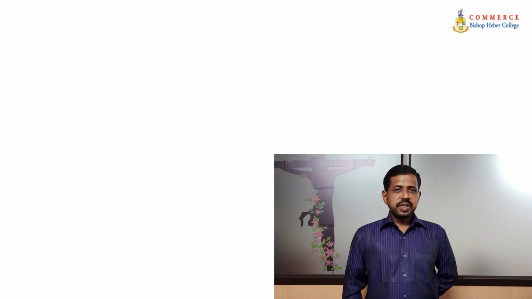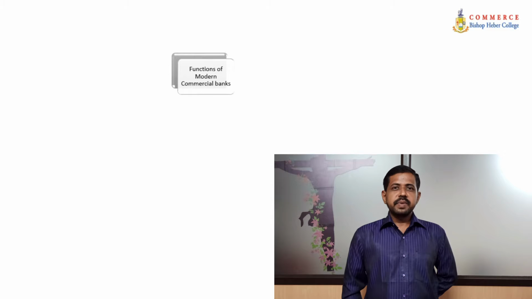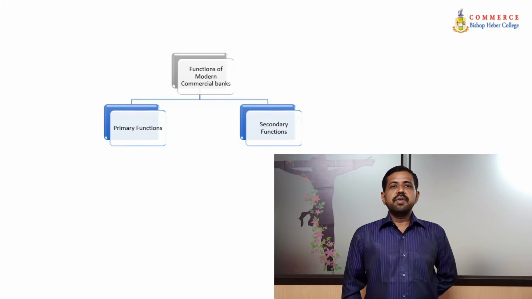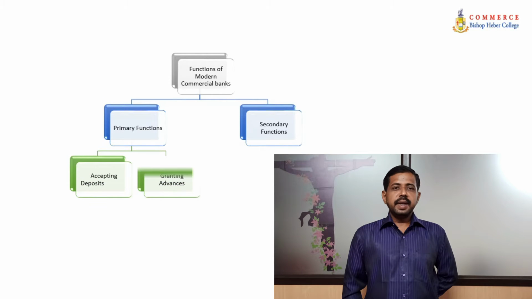The functions are going to be classified as primary functions and secondary functions. The primary function of the commercial bank is accepting money from the people as a deposit and lending money to the other people as a loan. These banks give minimum interest to the depositors and also demand some interest from the borrowers depending upon the loan.